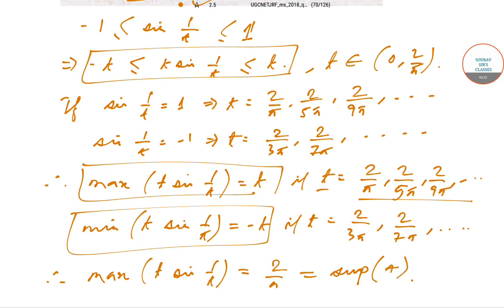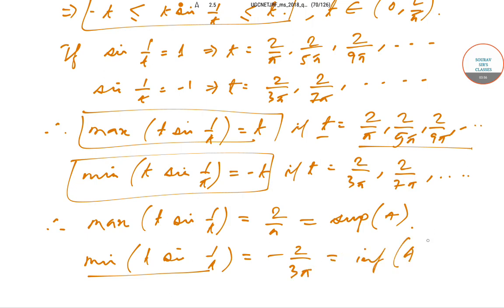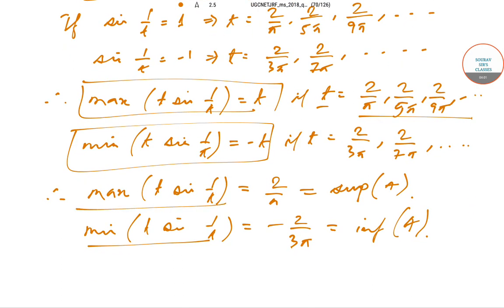and that is the supremum of A. And similarly the minimum of t sine of 1 by t will be always greater than minus of 2 by 3 pi, which is nothing but the infimum of A. So therefore we can say that the statement that I have written over here is not entirely correct.